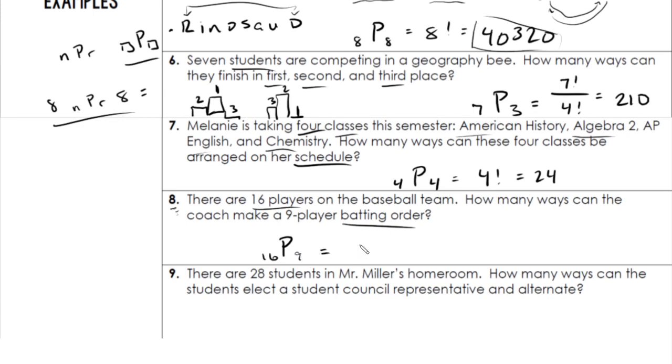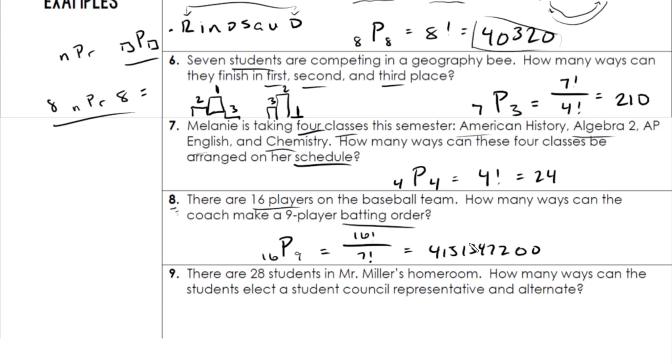You can use your calculator to work this out: 16 factorial over 16 minus 9, which is 7 factorial. I'm just going to put this on my calculator for the nPr. It's going to be 16P9. I'm assuming it's a massive number. Yes, 415134720. A massive number.